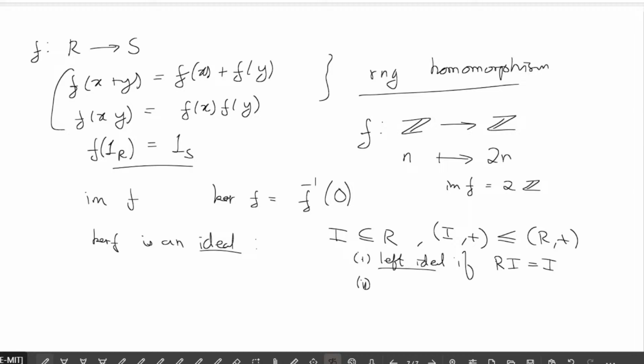You are working with non-unital things, so you have to be careful. You have to say RI is contained in I, because it may not be equal. Because it's a unital ring, I can say RI is equal to I. I write it that way because then you can generalize that to non-unital rings also.